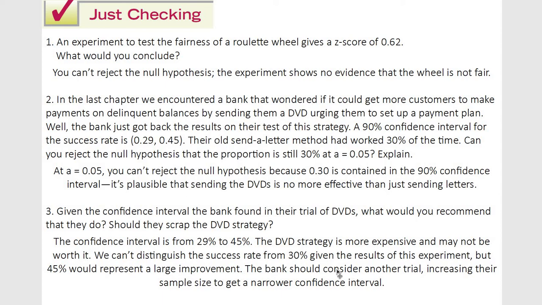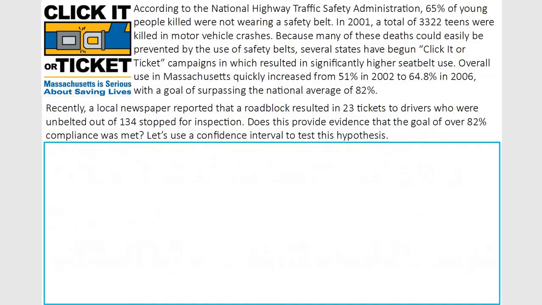So do another trial. Increase your sample size to try and get a smaller confidence interval and see if it's closer to the 30% or 45% or how far off we're going to be.